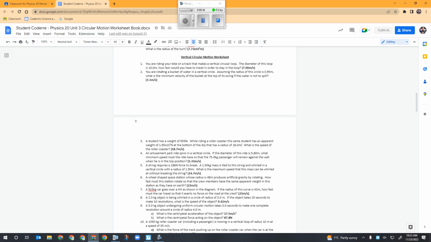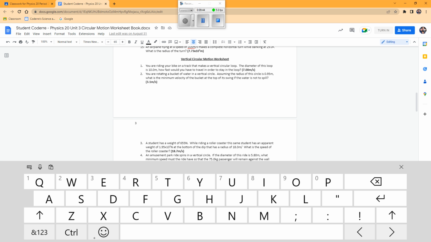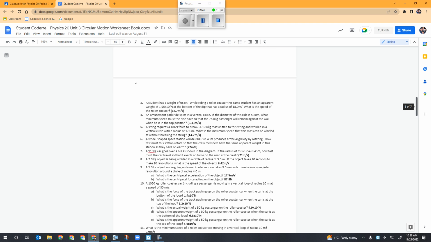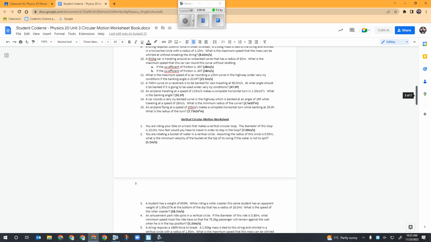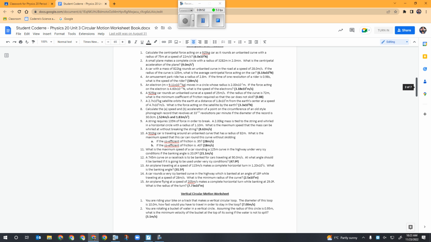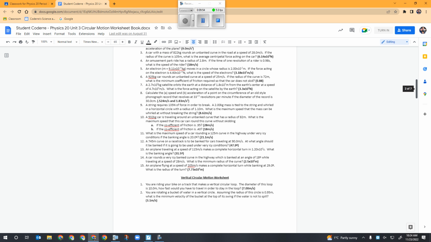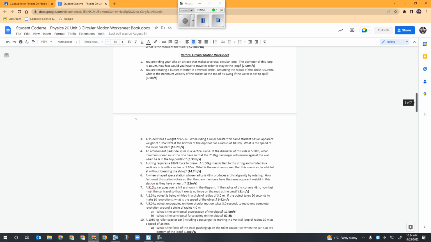Some of them are pretty straightforward, like 1 and 2 are pretty straightforward, so maybe you don't have to do both of those, but definitely do the ones as it progresses in difficulty down the page there. Give those a whirl. Actually, I think we did all the ones on the other ones. So let's work on the vertical circular motion ones here for a little bit. And if we're doing well on those, then we might move on to the assignment today. Okay? We'll see. And then you have part of today and a short class tomorrow to work on the assignment. I'd like to start with that.